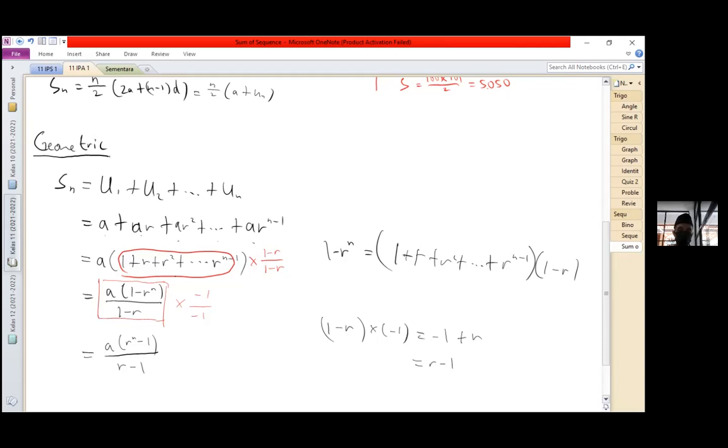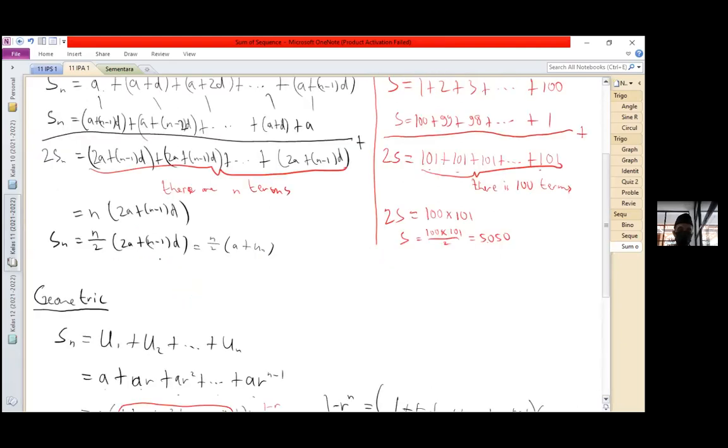Okay, for an arithmetic sequence series, if you have all the information, fine. But in some problems, they will not give you everything. Let's take an example like this.